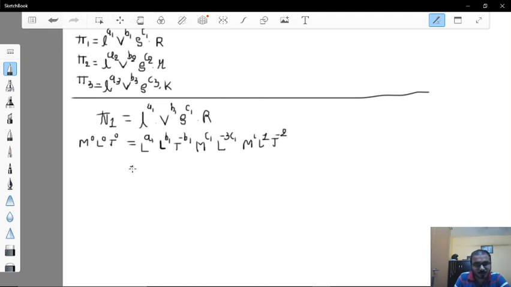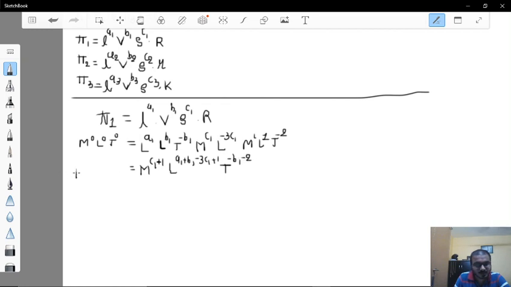So here we have M raised to C1 plus 1, L raised to A1 plus B1 minus 3 C1 plus 1, T raised to minus B1 minus 2.